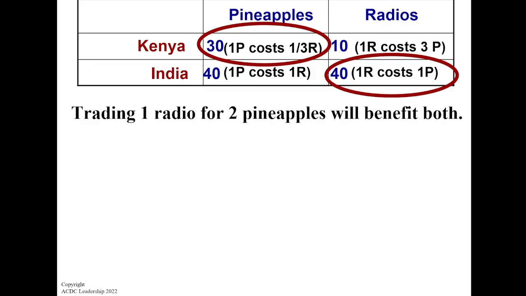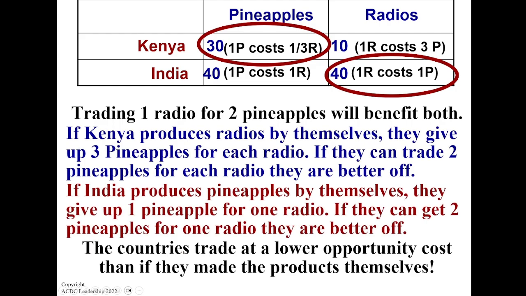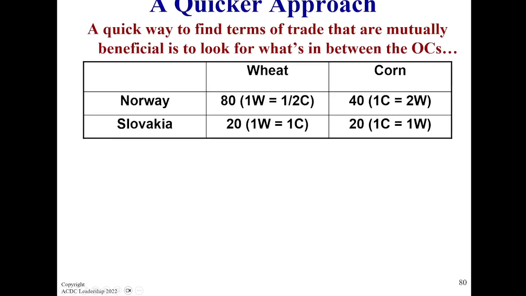And this is exactly why in the real world we do trading. So a quicker way is to look for which one is in between. For example, if we look at Norway and Slovakia, 1 corn for 2 wheat and 1 wheat.